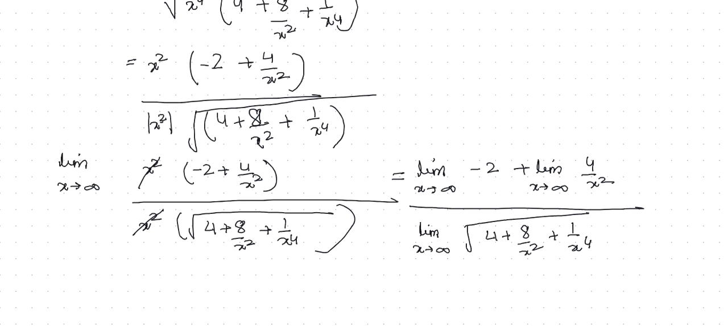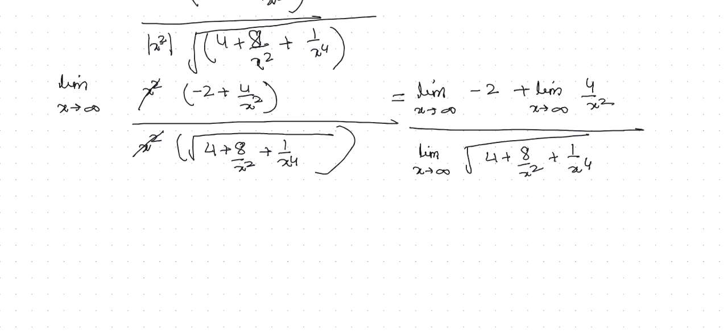So in the numerator, as x tends to infinity, that will give this, and 4 divided by infinity gives us 0. Here, this gives square root of 4. 8 divided by infinity is 0, and 1 divided by infinity is 0. So this will give minus 2 over 2, which is negative 1.